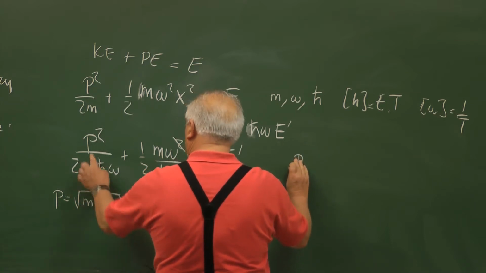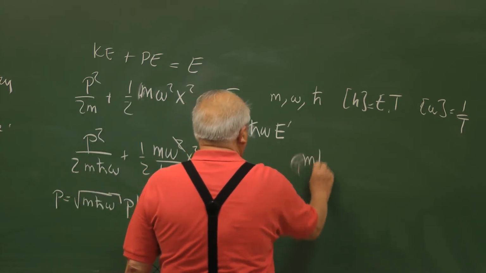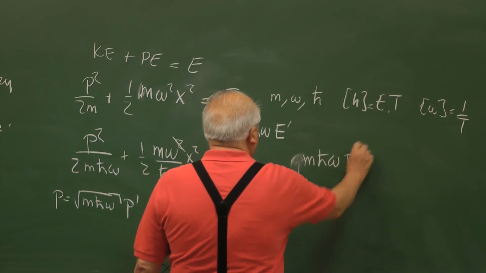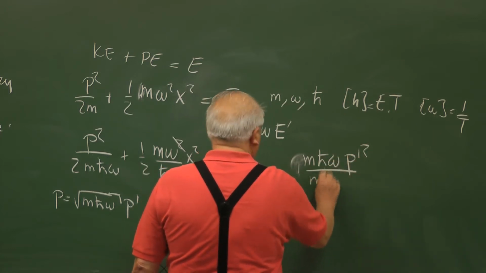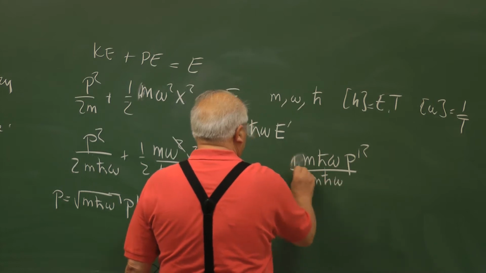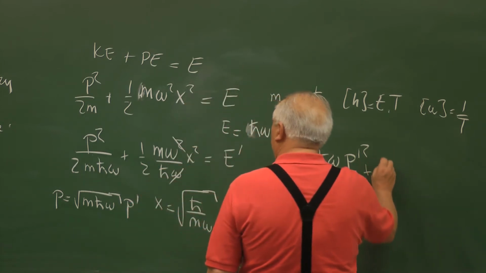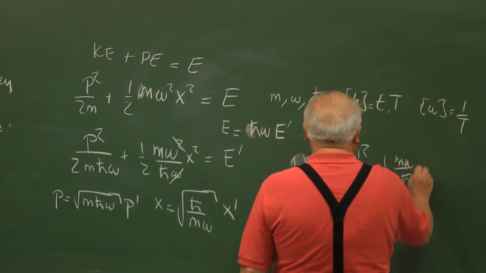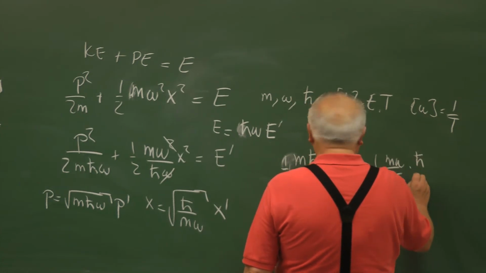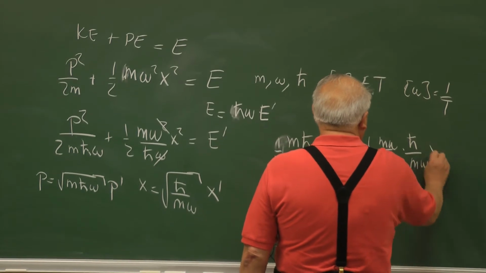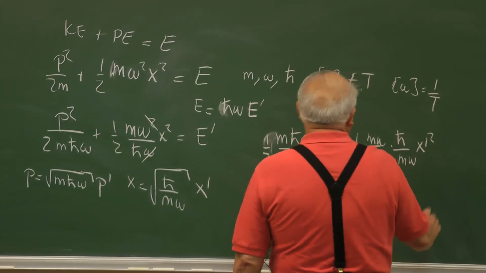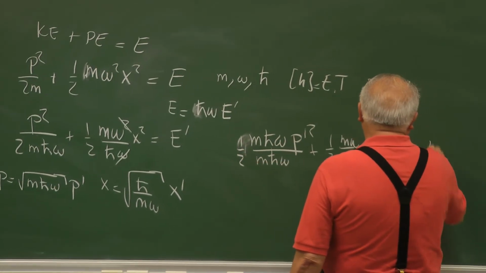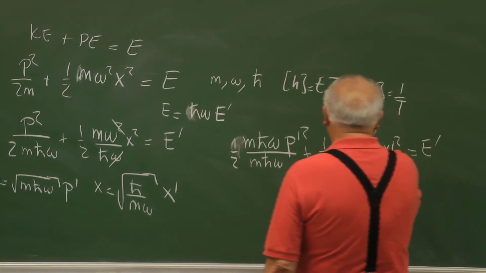I am squaring the p, so it is m h bar omega p prime squared over m h bar omega, times 1/2, plus 1/2 m omega squared times h bar over m omega x prime squared. That's equal to E prime.